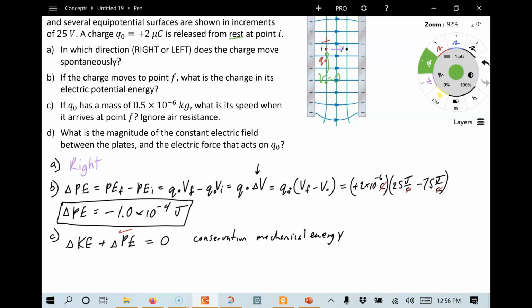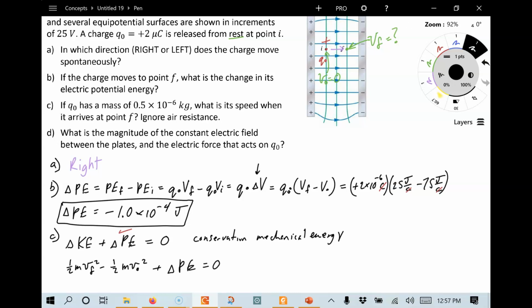Key point there. Now, I don't like to confuse electric potential V with speed, so when I do speed, I try to use a little curly v, a little script v. Now we are looking at the point F. What is the speed at the end there? Well, we can write down delta KE as 1/2 m v final squared minus 1/2 m v initial squared, plus delta PE equals 0.